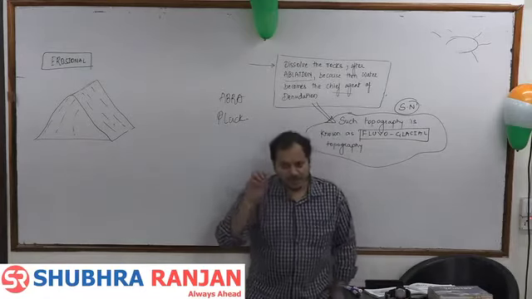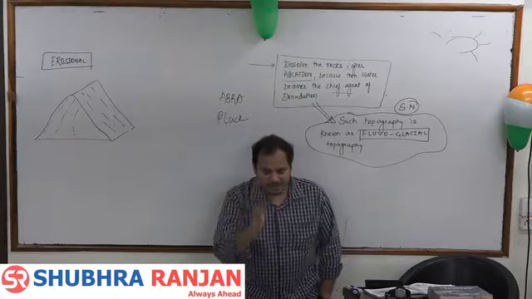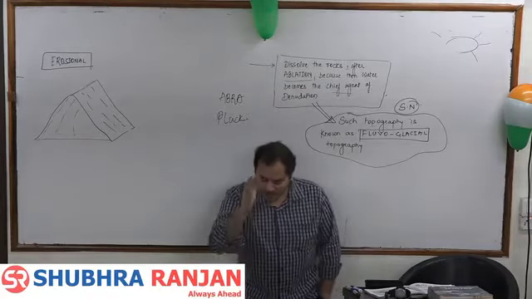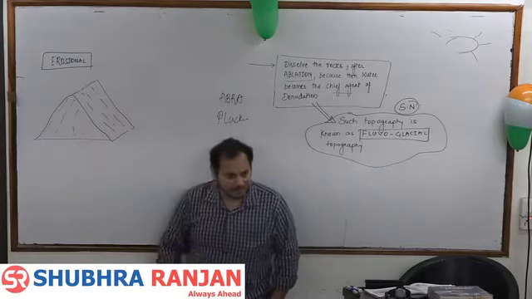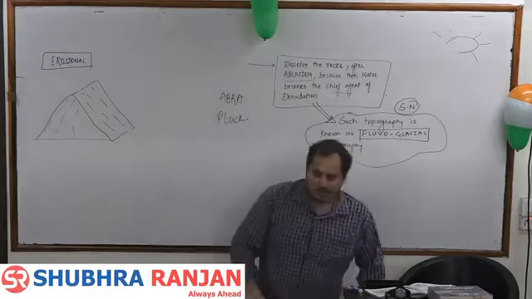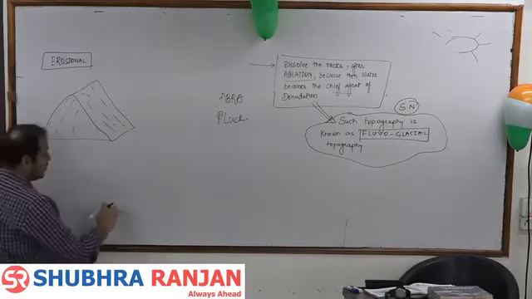Fine? So by the process of plucking, the sides of the mountains will become very steep, and by the process of abrasion, the bottoms of a mountain will become very deep, and as a result of this, it will look as if someone has cut this mountain.